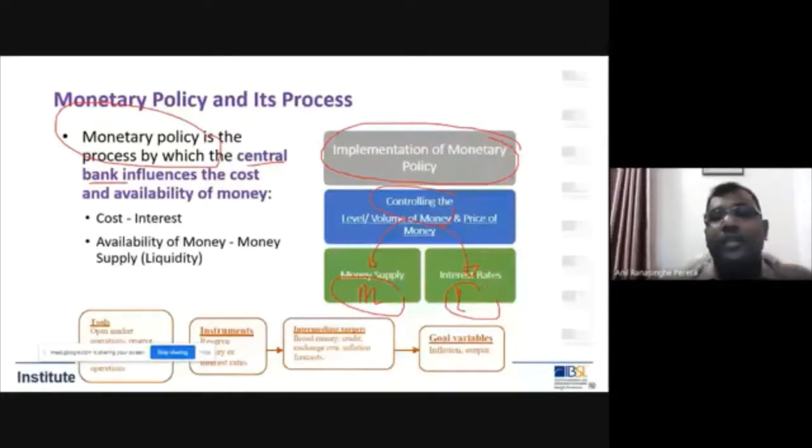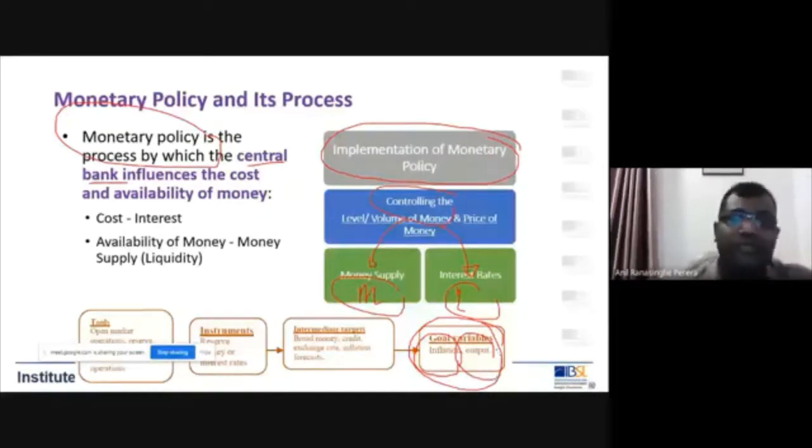As I said, this monetary policy is operated by a central bank. When the central bank is operating this monetary policy, it has some objective in mind. The goal variable means the final objective. What is the final objective? The central bank is maintaining inflation and supporting growth. Central banks cannot drive growth, which means the central bank is not in a position to create economic activities.